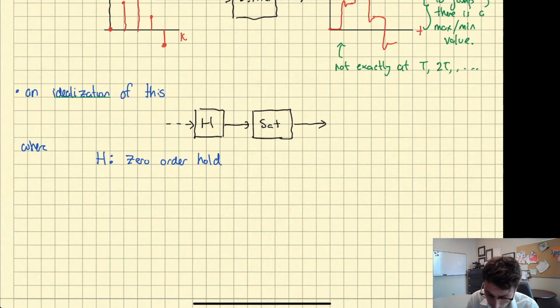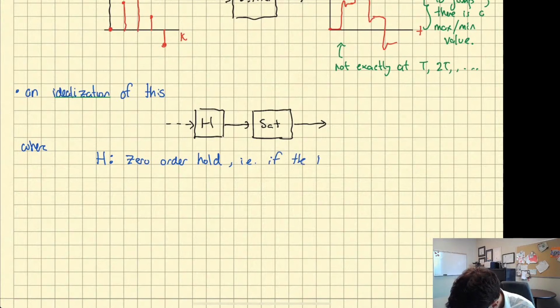And what does it do? It's what we saw last class, i.e. if the input is u_k, a discrete time signal, the output is u(t) equals u_k between the sample periods.